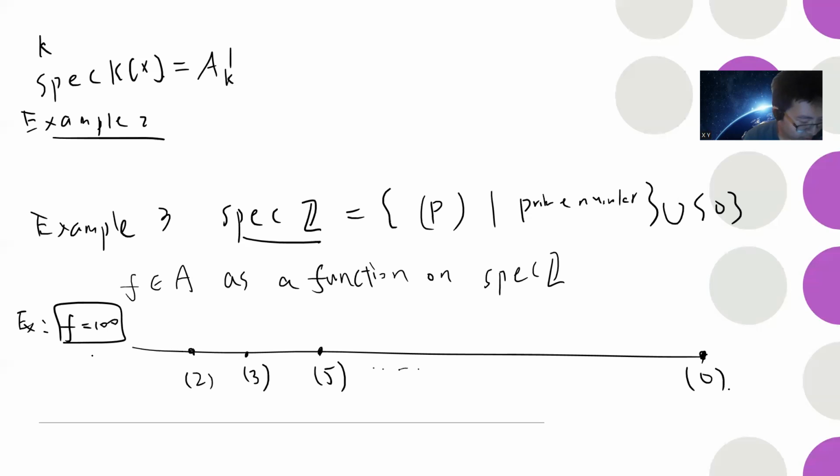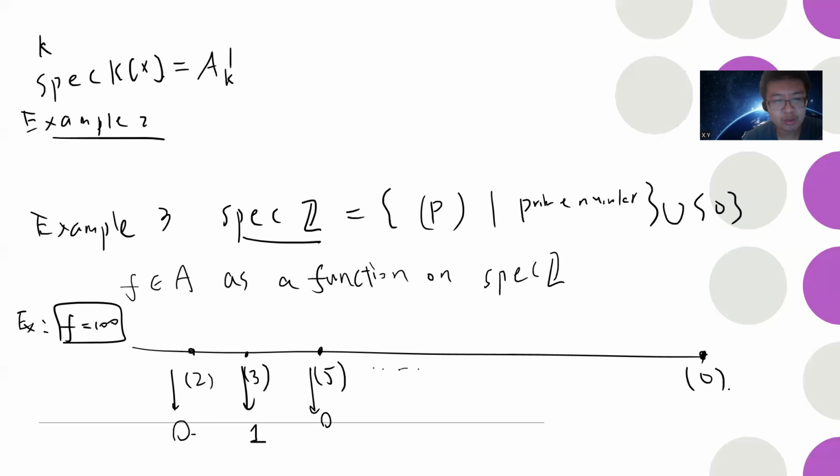In this case, mod 3, the answer will be 1, right? So I just take the quotient mod 3. And for this one it is 0.